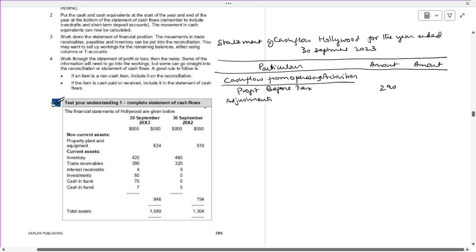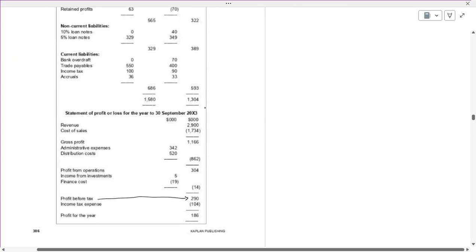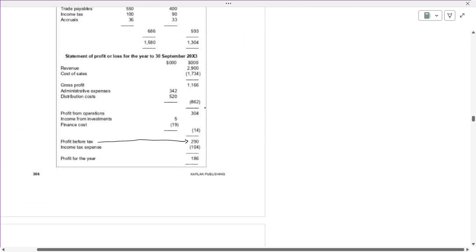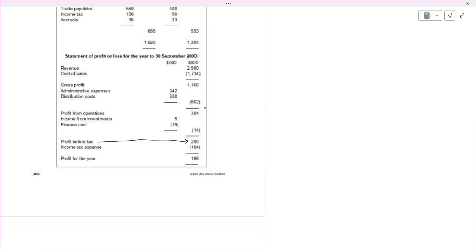Tell me, Mazin, what are the things one by one? Adjustment for finance cost. Finance cost is there.